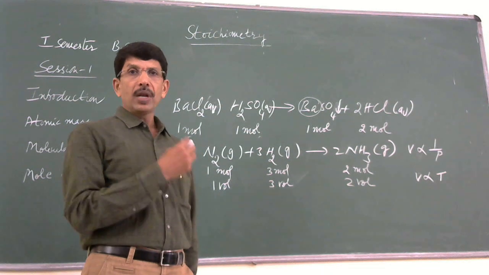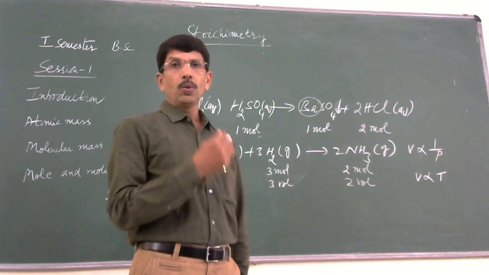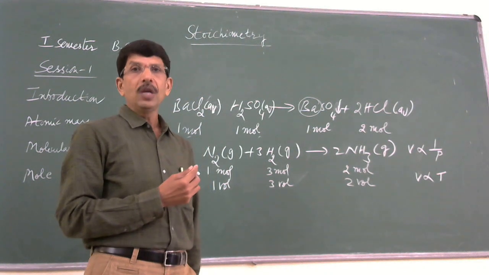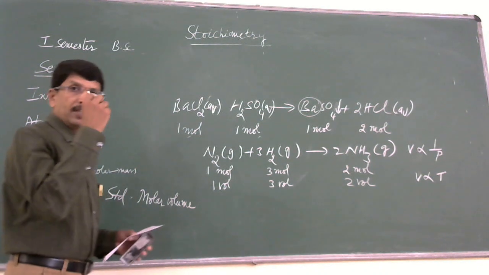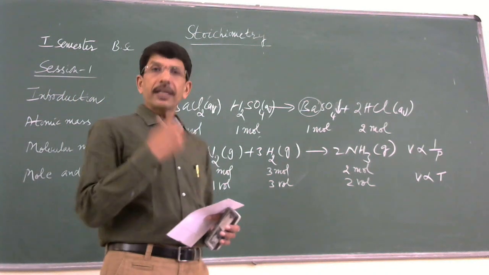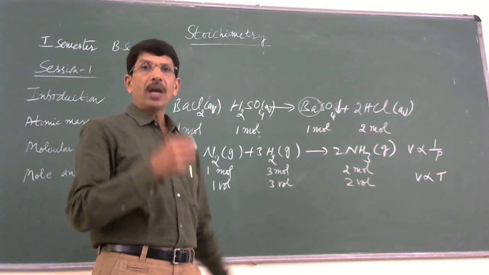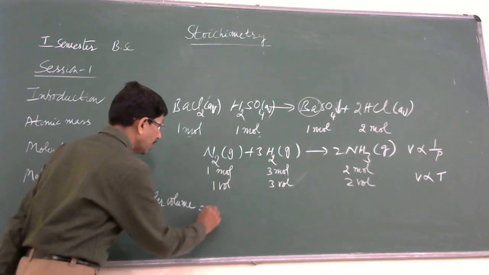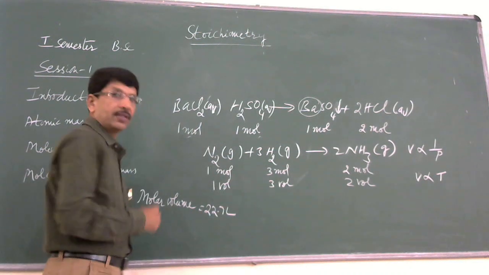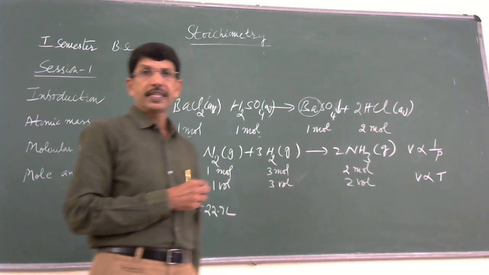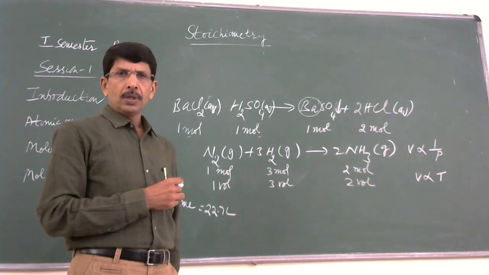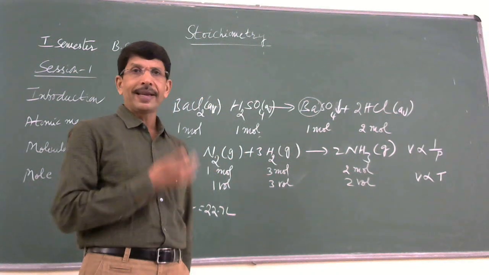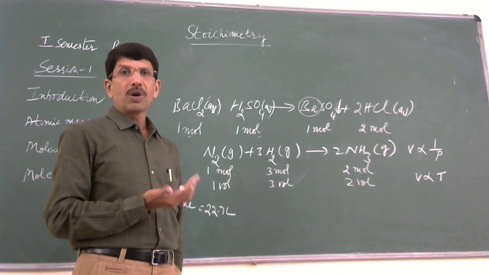So, standard molar volume is the volume occupied by 1 mole of a gas or vapor at 273 Kelvin and 1 bar pressure. Since you are fixing temperature and pressure, irrespective of the nature of the gas, 1 mole of any gas or any vapor occupies 22.7 liters at 273 Kelvin and 1 bar pressure. 1 bar pressure is nothing but 100 kilopascals, and 1 atmosphere is slightly larger than 1 bar.